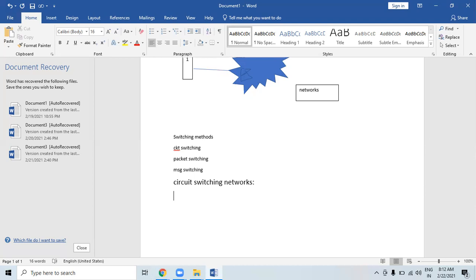Communication via circuit switching takes place over three phases of operation: circuit establishment, data transfer, and circuit disconnect. In circuit establishment, before any signal is transmitted, it is necessary to establish an end-to-end link. For example, if communication is between A and B, the path from A to B and from B to A is established first.